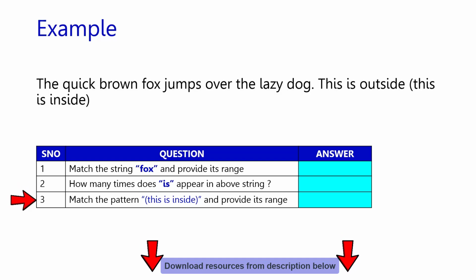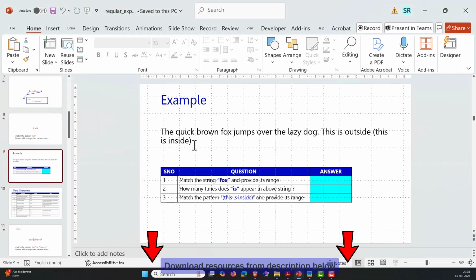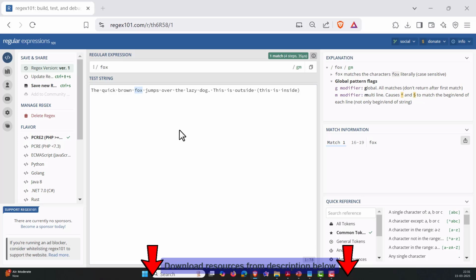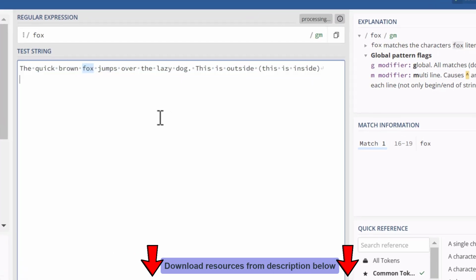And the third one is: match the pattern within the braces, "this is inside", and provide its range. Okay, so that's my example string. Let me copy this, go back to RegEx101 and paste the string.